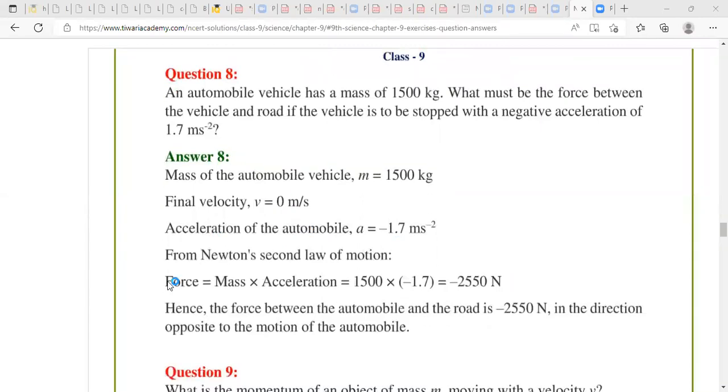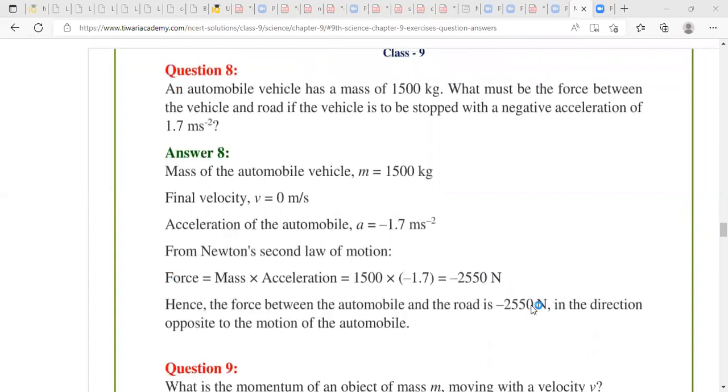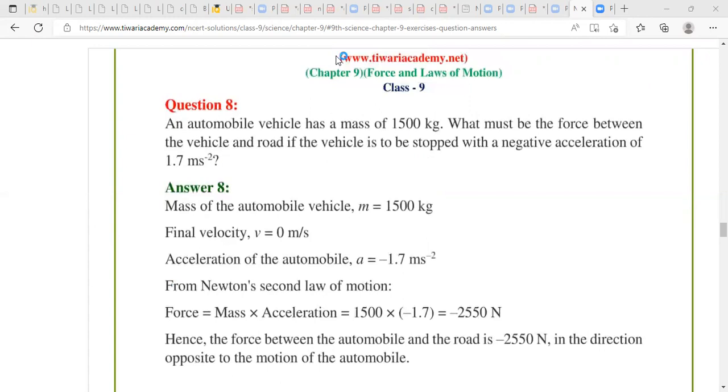So it is very, very simple. Mass into acceleration, just put the value, get the answer. But over here, they have written a negative acceleration of this. They have not written minus 1.7, but they have written it negative, so you have to consider it minus 1.7. Yes, ma'am.